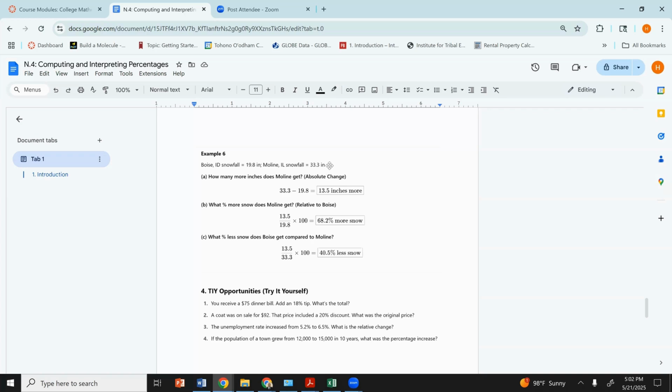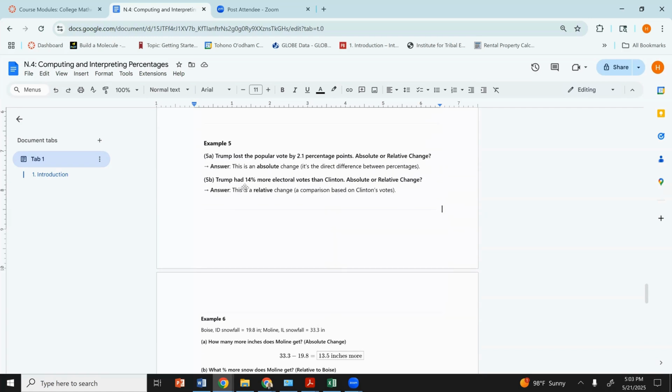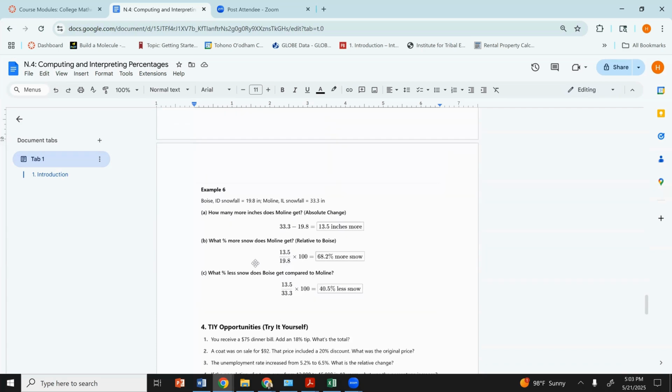The question is, how many more inches does Moline get? From our example, we saw that if you say Trump had 14% more, then that's relative because it's directly comparing to the other events.